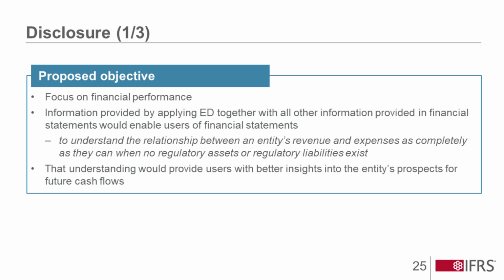An entity would be required to disclose in the notes information about regulatory income and regulatory expense, which, together with the information provided by applying other IFRS standards, would enable users of financial statements to understand the relationship between the entity's revenue and its expenses as completely as they can when all of the total allowed compensation for the goods or services supplied in a period is included in the regulated rates in that period.